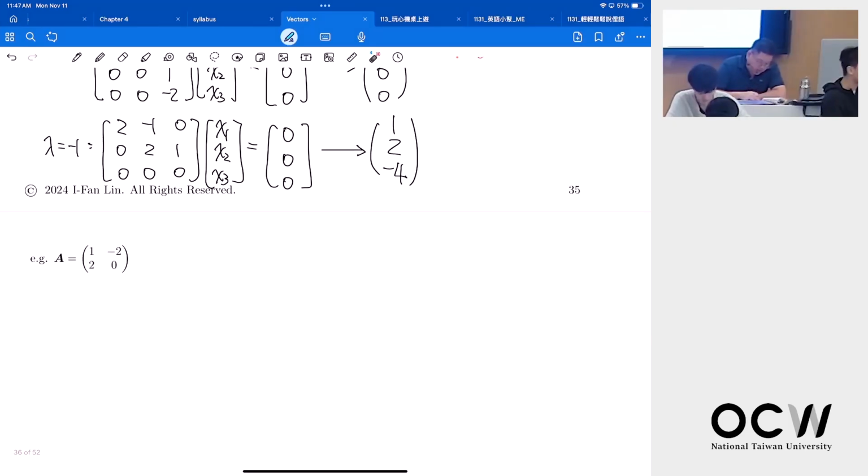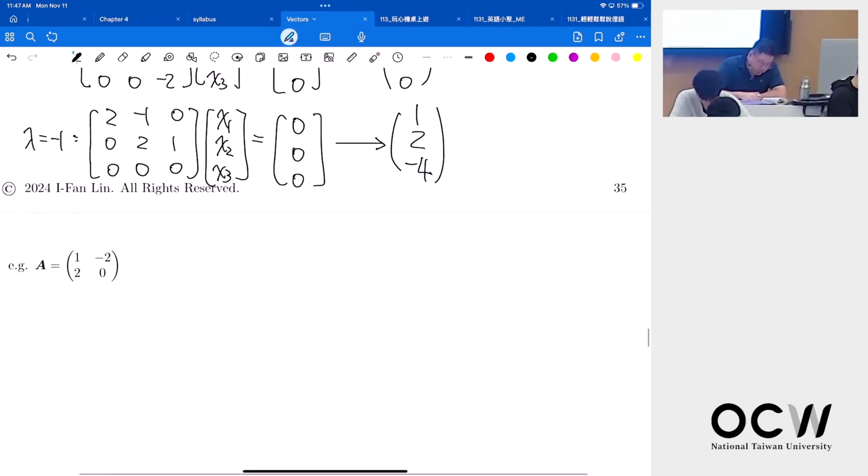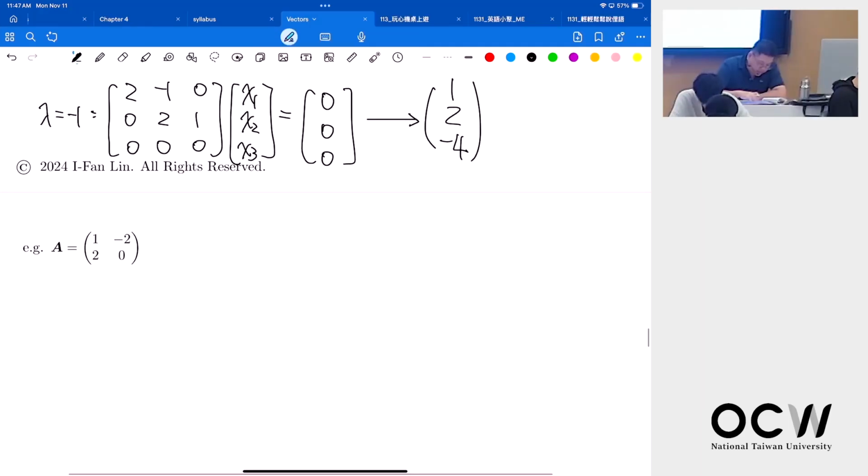how about 2 by 2 this time? Every time we need to find the determinant of A minus lambda I. The size of the identity matrix I depends on your matrix A. Okay, if A is 2 by 2, then my identity matrix is 2 by 2.